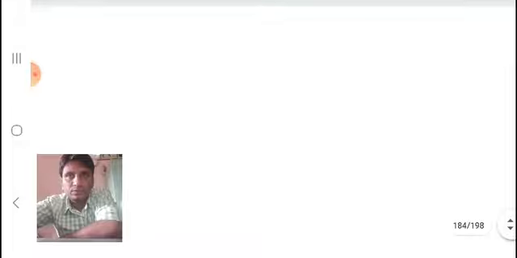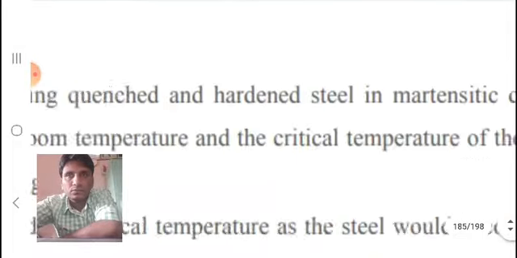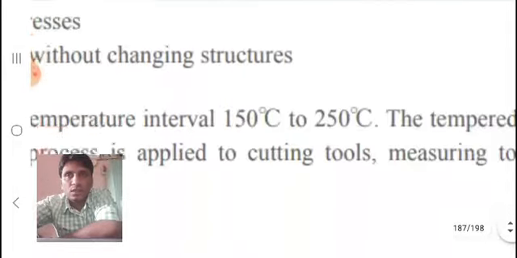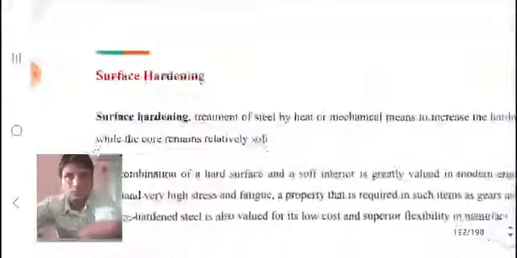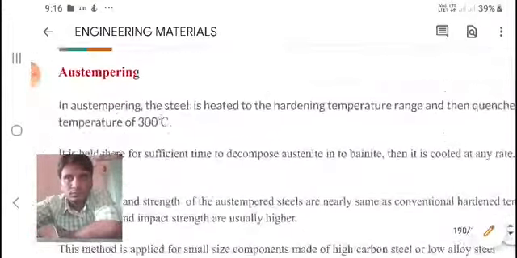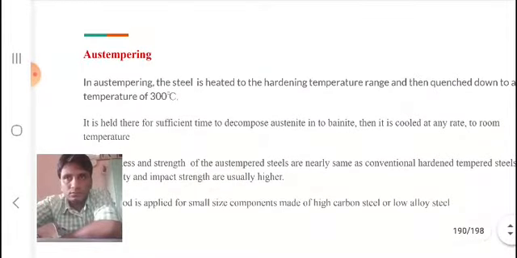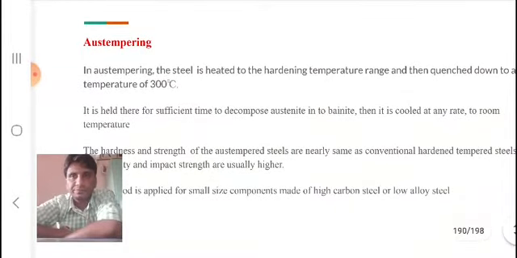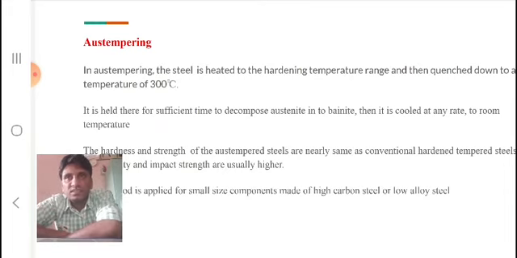Therefore, this method is applied for small components made of high carbon steels or low alloy steel.